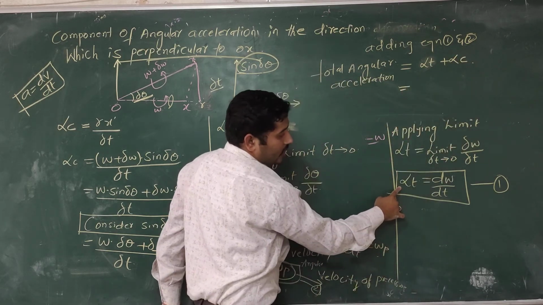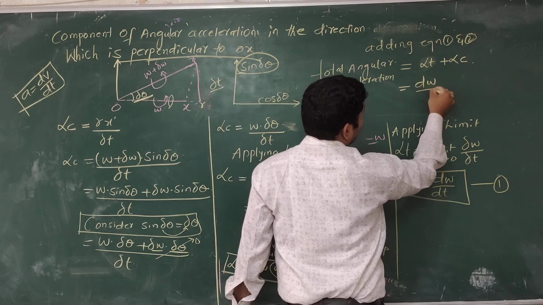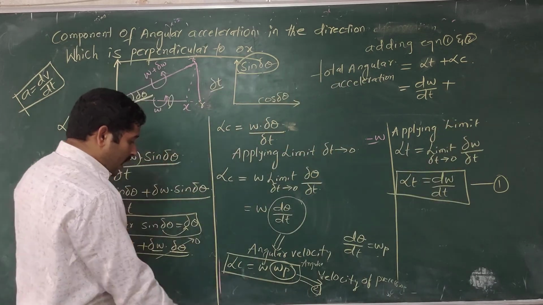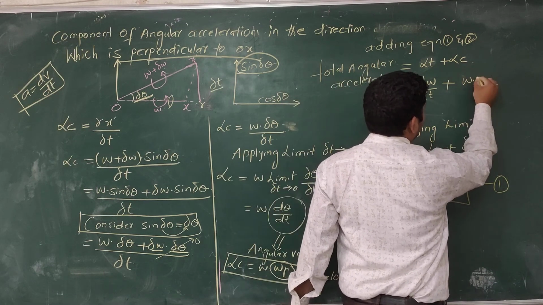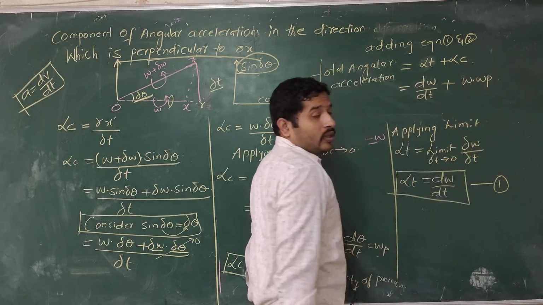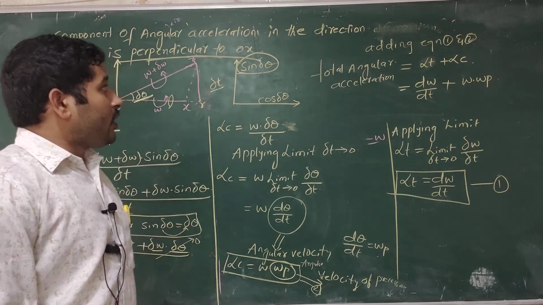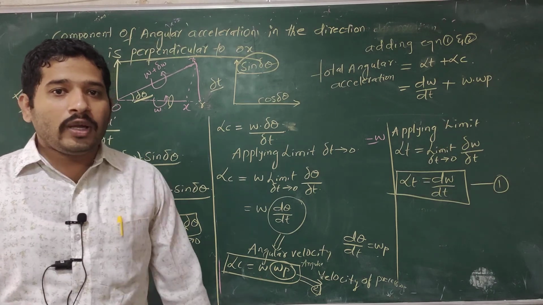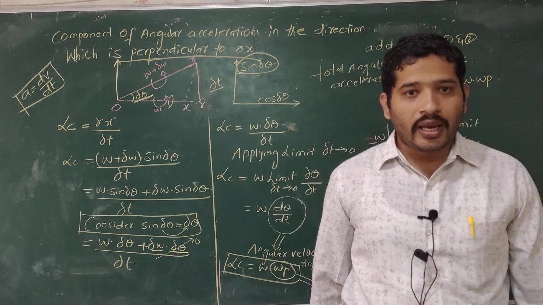Alpha t value is d omega by dt, plus alpha c value, which is omega into omega p. Is it right? So today this derivation is completed. Next onwards we are going to learn about gyroscopic couple derivations. Okay dear, thank you.